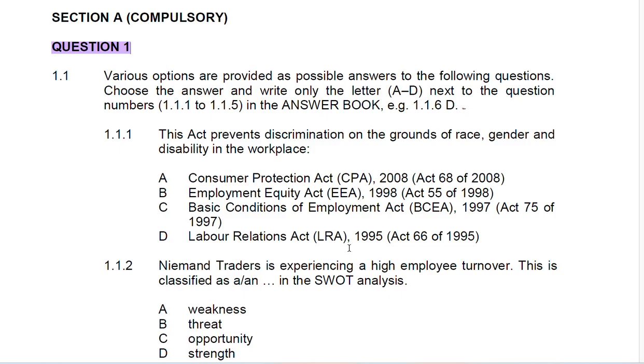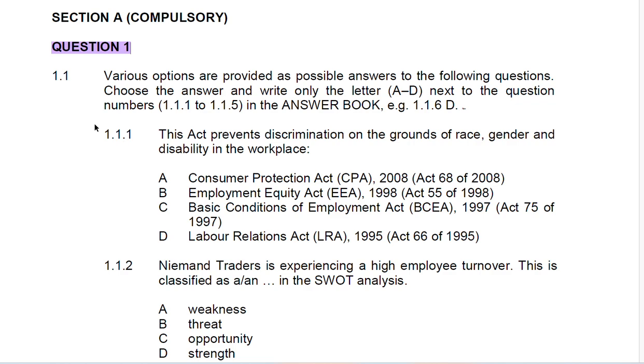Now, as you look at what we have here, you would know that the correct answer is Employment Equity Act, and it is B. So why are we saying it's B? It's because the Employment Equity Act, or EEA, is an act that prevents discrimination on the grounds of race, gender, and disability in the workplace.